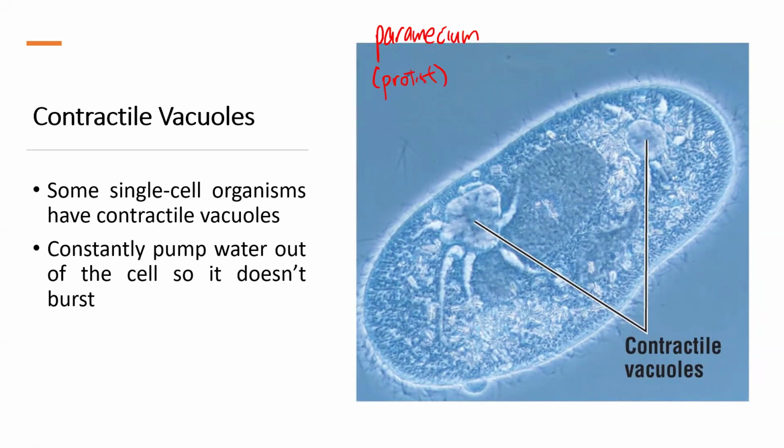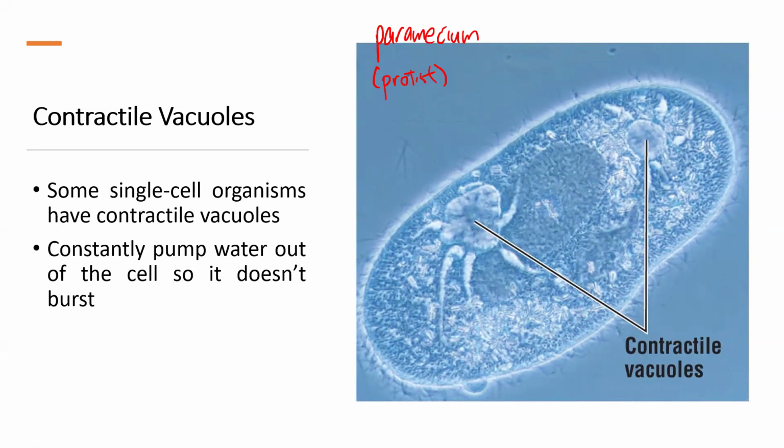Ponds, rivers, whatnot. And one of the challenges when you're living in these open freshwater environments is that water keeps on coming into the cell. Right? And if the paramecium does not remove that incoming water, it will swell up like a balloon, and then it will pop and die.